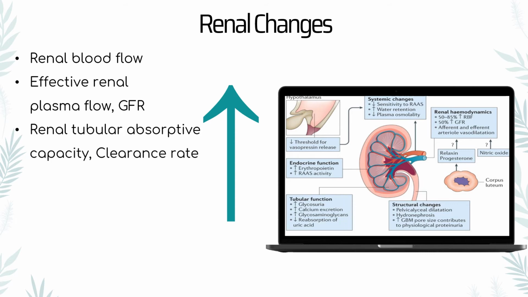And then the glomerular filtration rate increases by 50%. And renal tubular absorptive capacity for sodium and chloride ions increases by 50% due to the high level of steroid hormones secreted by the placenta and the adrenal cortex.